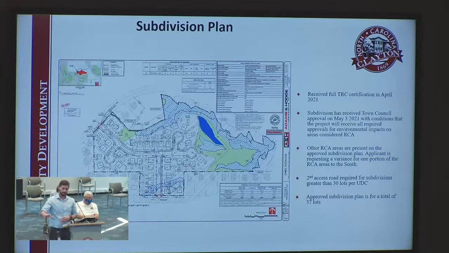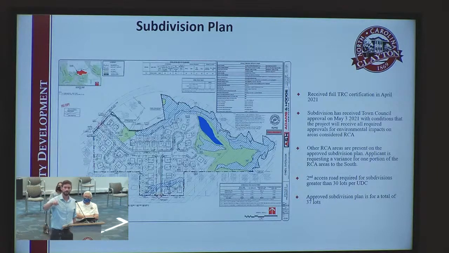So on this subdivision, there's a total of 37 lots that were approved on the plan. There's also 2 access points, one coming off of O'Neill to the north, and then another access point going into the existing Rollingwood subdivision. Just point those out.